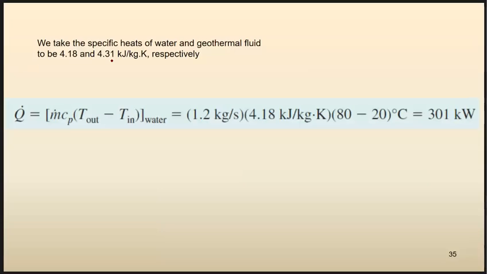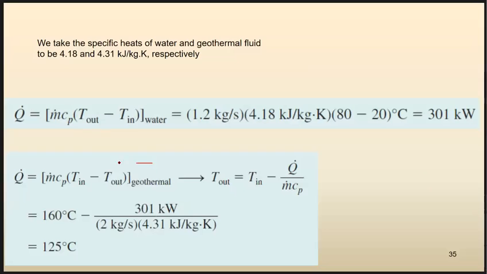Now we have all the information for the water side, for the cold side, so we can calculate the heat transfer. It is m dot of the cold side, C sub p, the specific heat of the cold side water, that is 4.18, times the temperature difference. This value is exactly the same as the heat transfer rate that can be calculated from the hot side equation.